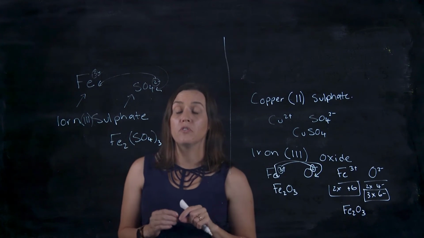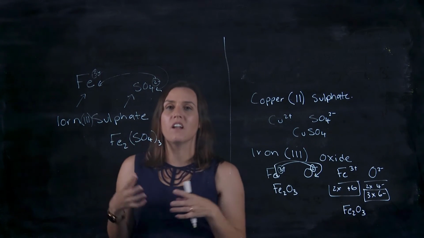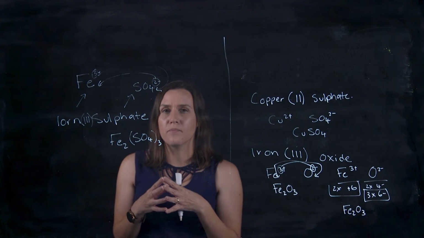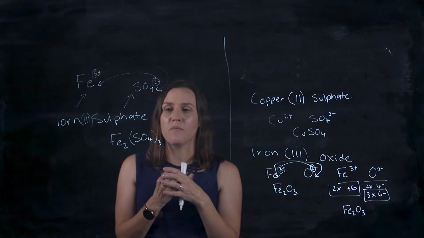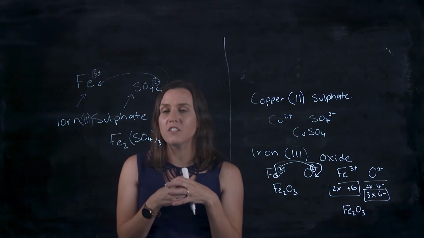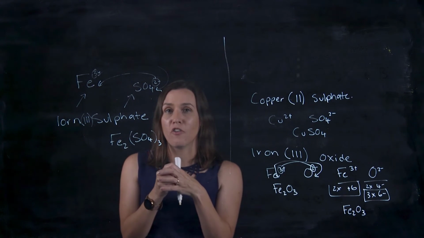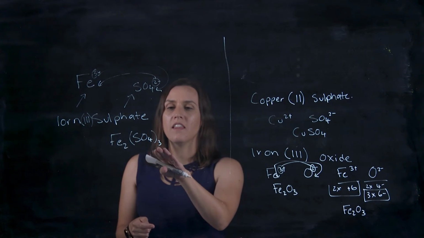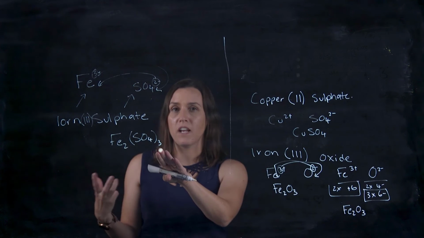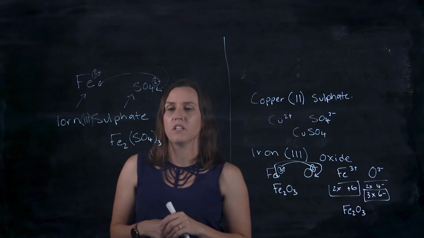That's super important. That SO4 is a polyatomic anion. It is a covalently bound compound that has an overall charge. It needs to stay together as a compound. So I need to put brackets around it and then multiply that out by however many of those I have in the particular compound.